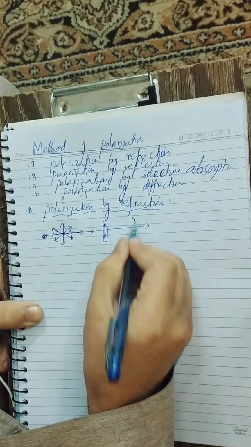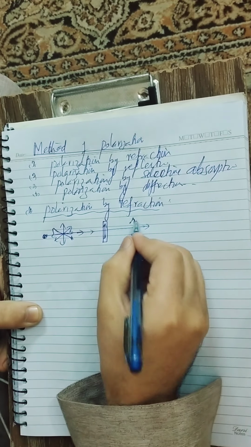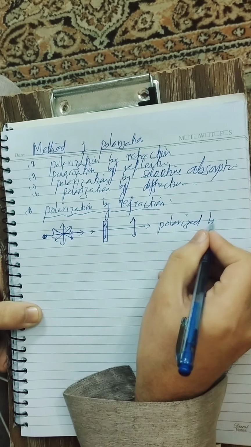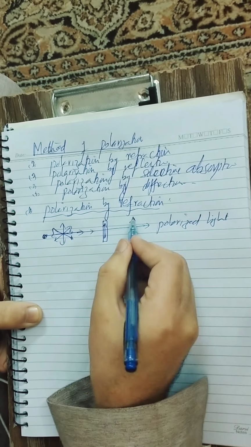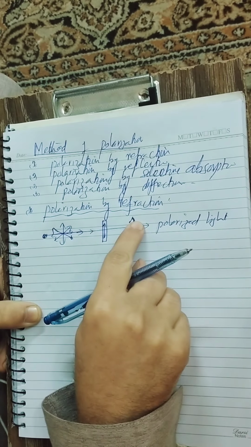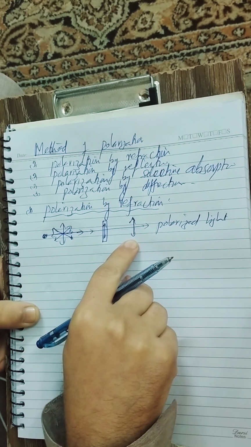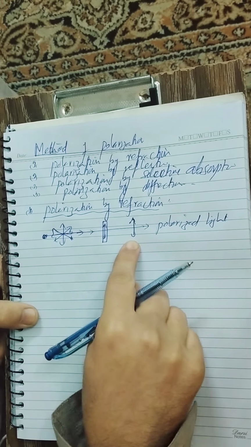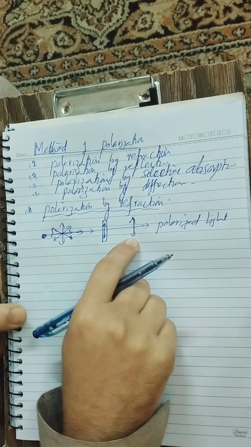So this is called polarized light, because only a single vibration is allowed here and all other vibrations are cancelled out. So only the vertical vibration is allowed. So this is called polarized light.